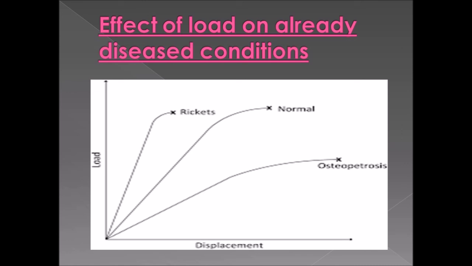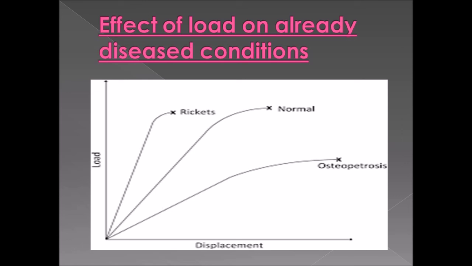Okay, so compared to normal, an osteopetrosis patient can have fracture or bone failure even with a lower magnitude of load, but they will withstand the load well before getting into failure or fracture.